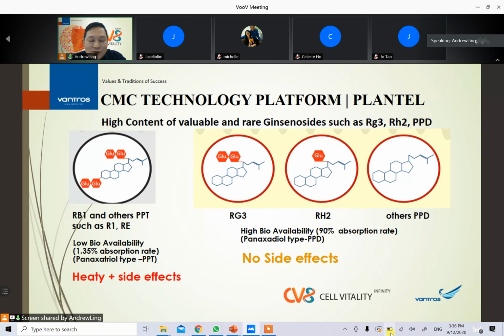If we compare to a lot of products outside that sell for over 100 ringgit, ginseng powder or anything, most of the content is the common type, not the special and rare ginsenosides. That is why our price is a bit higher. You are comparing Mercedes with Proton. That is what I'm trying to show. And with these rare ginsenosides, no matter how much you take, it will not have any side effects at all.